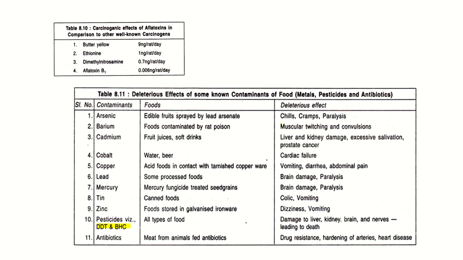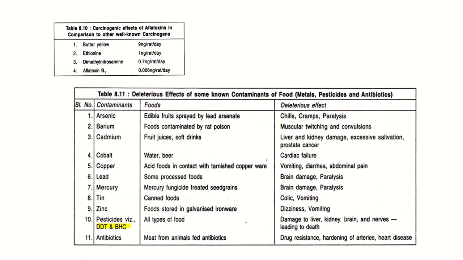So here is the table I have given of contaminants, foods affected, and the deleterious effect in our body or in any animals. First, from 1 to 9, you will find micro or heavy metal toxicity: arsenic, barium, cadmium, cobalt, copper, lead, mercury, tin and zinc.